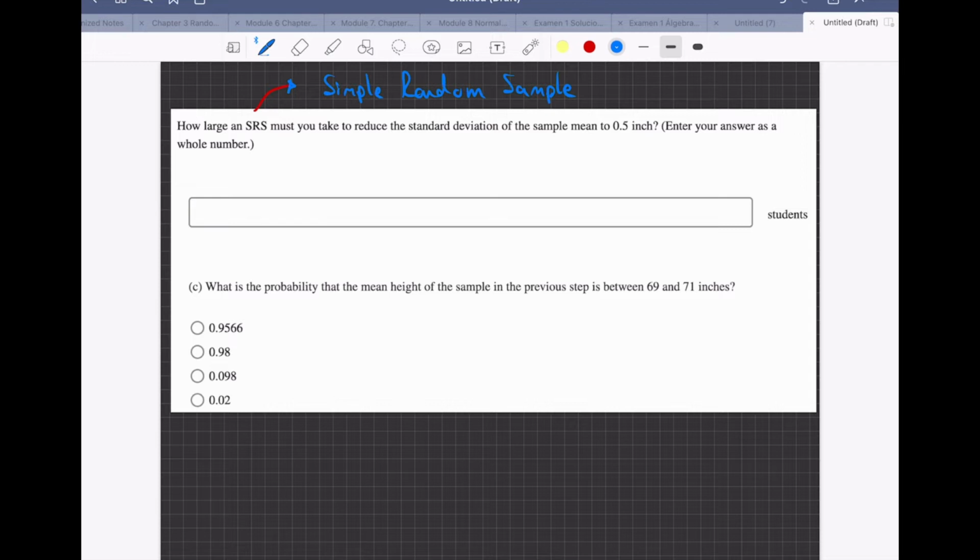All right, first, the standard deviation of the sample mean is given by sigma over square root of n, but before we saw it was 2.8 divided by the square root of n, and we want this to be equal to 0.5. So we need to solve this equation, 2.8 divided by the square root of n equal to 0.5. You have to solve for n.